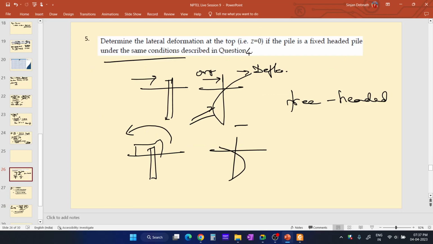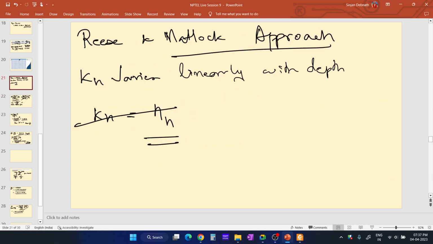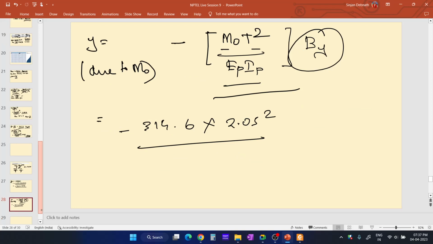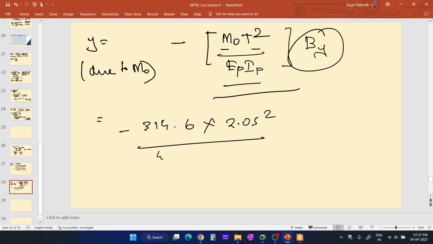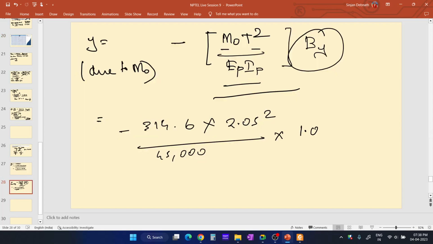The flexural rigidity is 45,000. And By, from the chart, is 1.023.